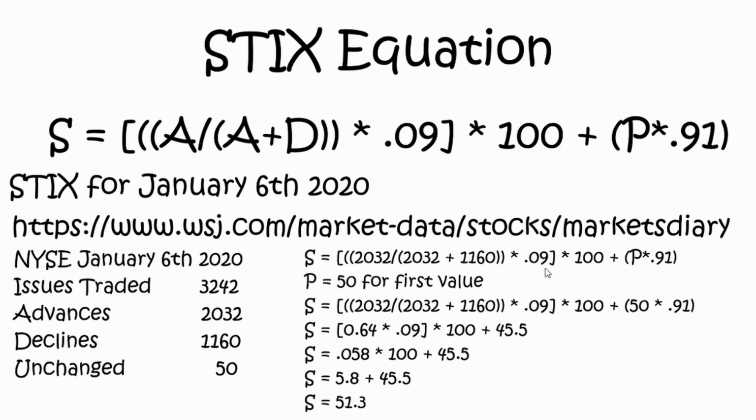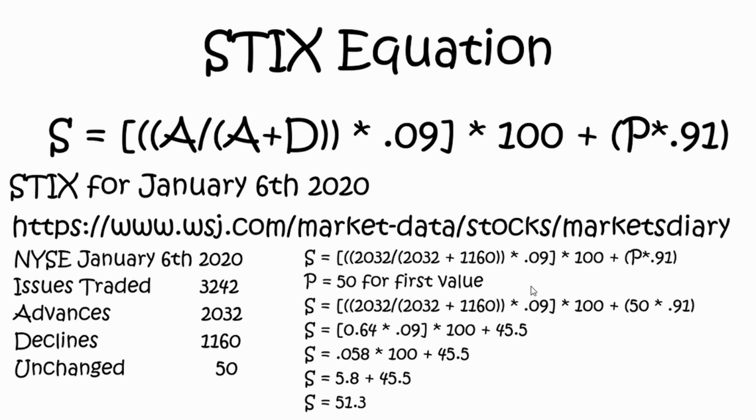All right, so here are our numbers for January the 6th. For the value of A, we're going to plug in the number of advancing stocks, and for the value of D, we're going to plug in the number of declining stocks. Since this is our first STIX calculation, P, which is the previous day's STIX value, will equal 50.